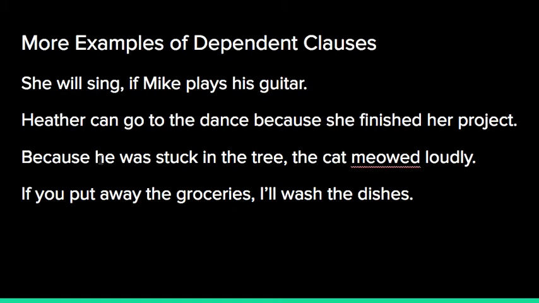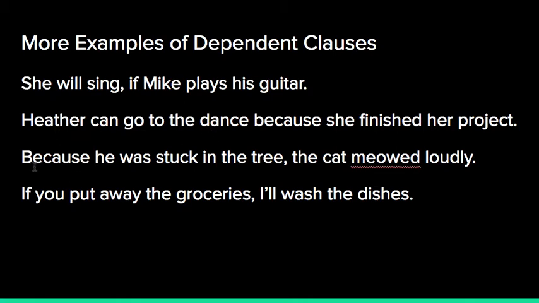The next sentence says, Heather can go to the dance because she finished her project. So in this case, Heather can go to the dance would be an independent clause. But the next phrase, because she finished her project, we're missing something. We're missing some more information to finish it. So it has to be tied back to that independent clause.